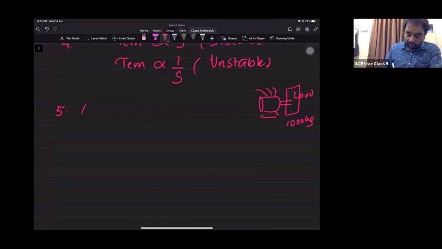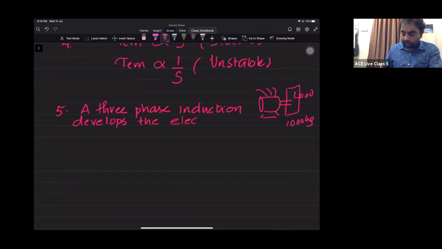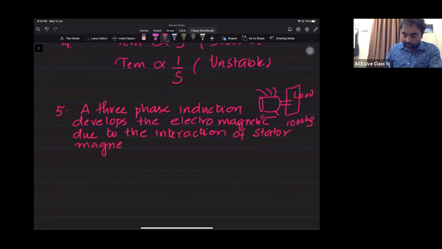Right. So can I say a three-phase induction motor develops the electromagnetic torque due to the interaction of the stator magnetic field and rotor magnetic field, right?